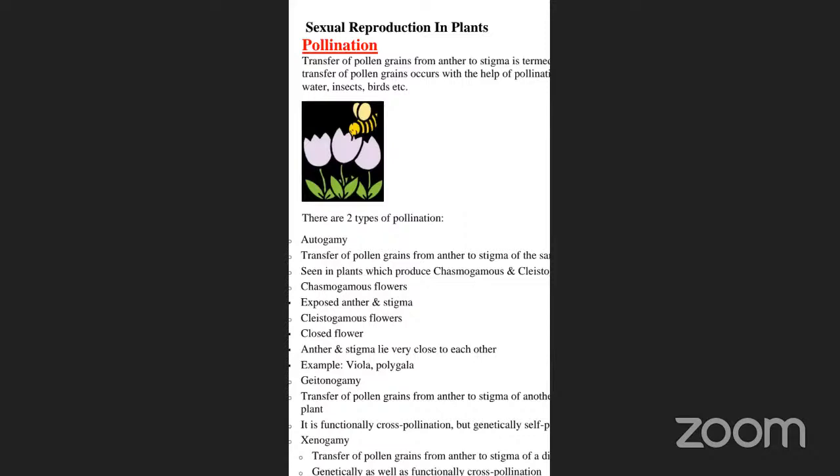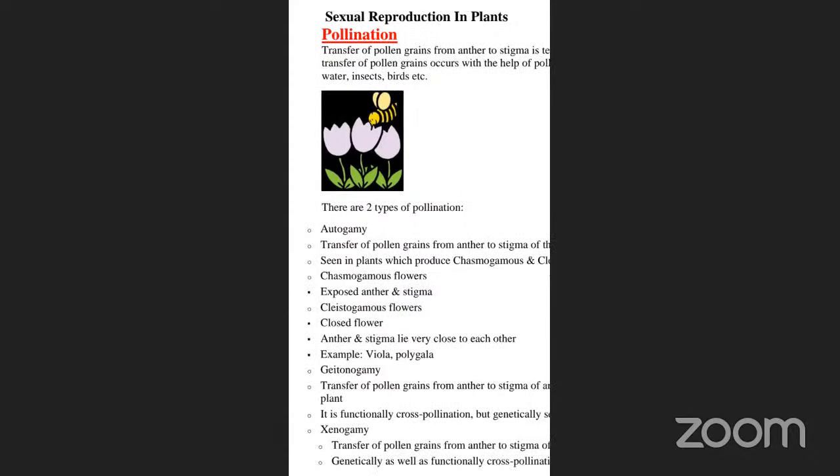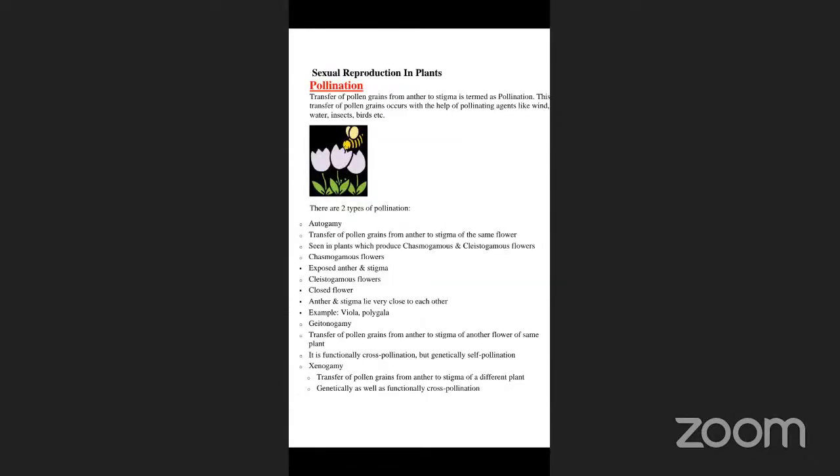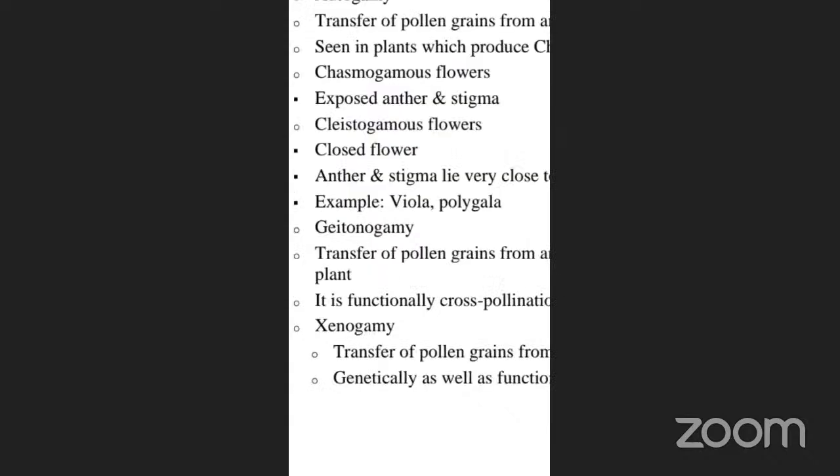Next, cross pollination is of two types, that is geitonogamy and xenogamy. Geitonogamy is a type of cross pollination which occurs between two flowers present on the same plant.